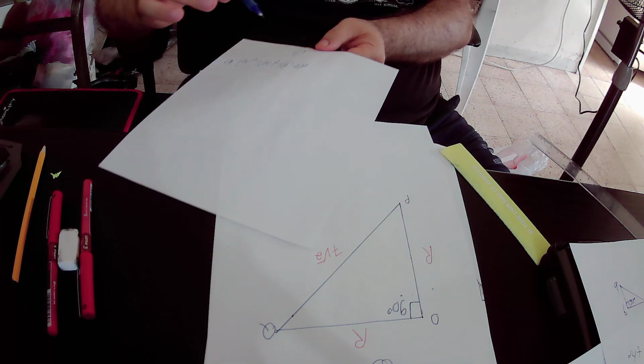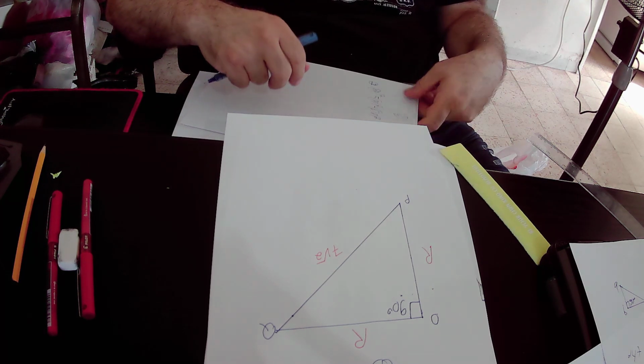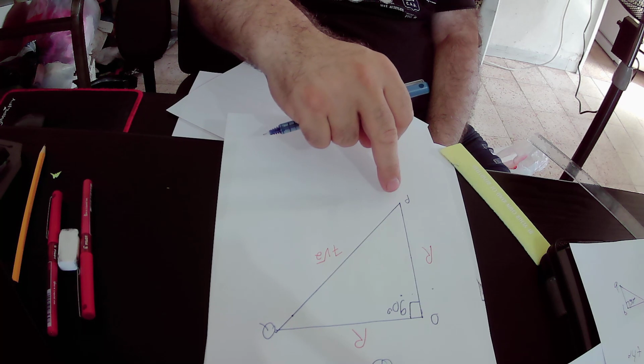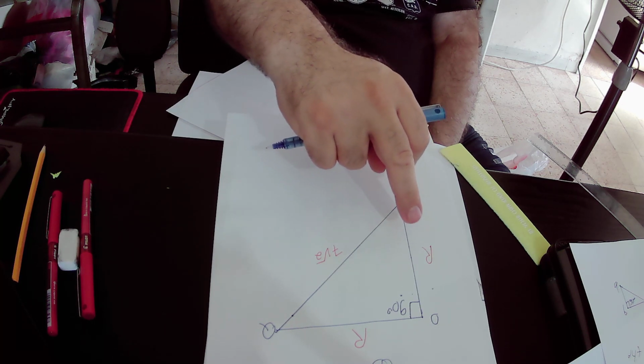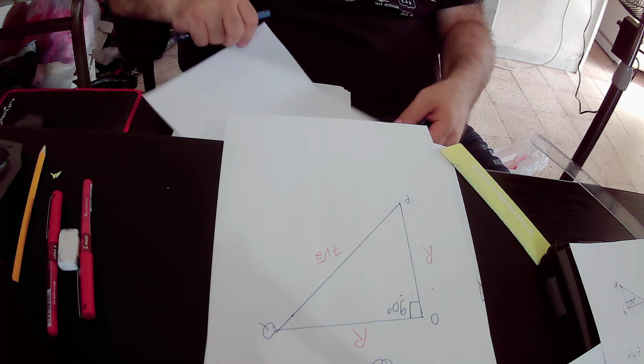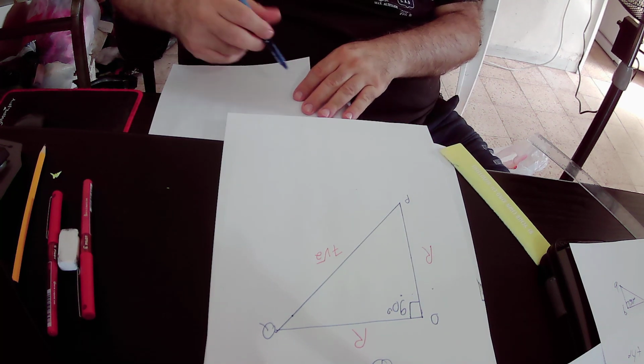Okay, but we know that PQ equals 7 times root 2, PO equals capital R, and OQ equals capital R. So we can put the data in the second equation.